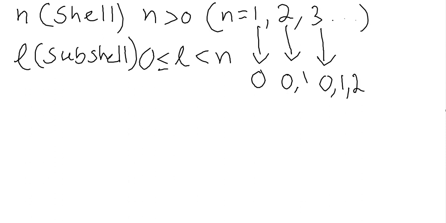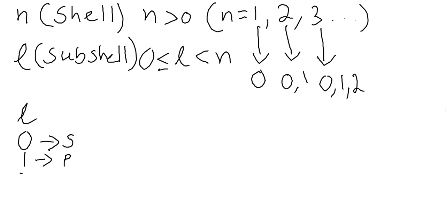Likewise, to avoid confusion, we are going to create an alphabetical designation for the values of l and keep integer values for the value of n. So l of 0, we will simply call it by the lowercase letter s. An l value of 1, we will call it p.